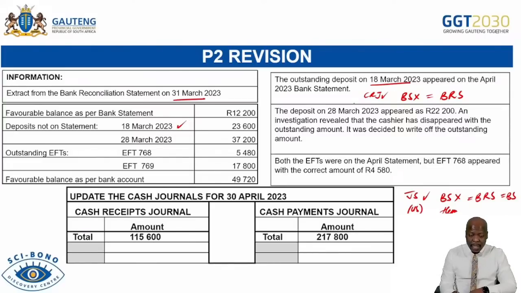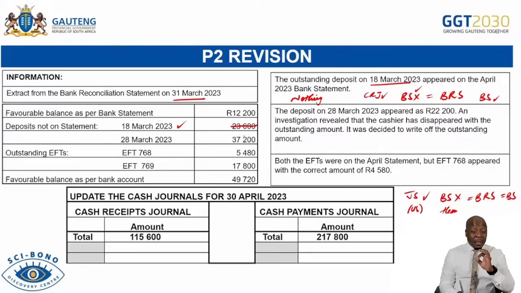Now we are told it has now appeared on the bank statement. What do we do? We do nothing. So the moment an amount that we were looking for appears on the bank statement with no mistake, we do nothing of that amount. We simply come and put a line across it to say, we have found it, so we are okay.